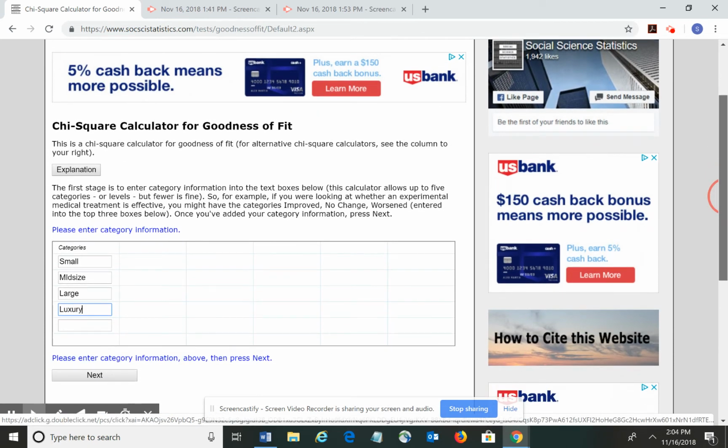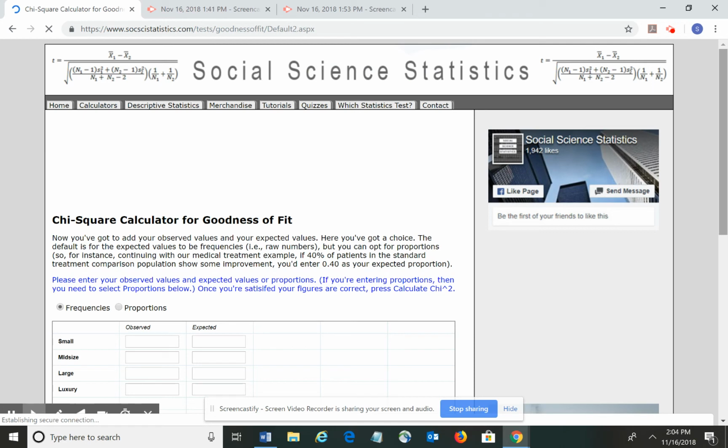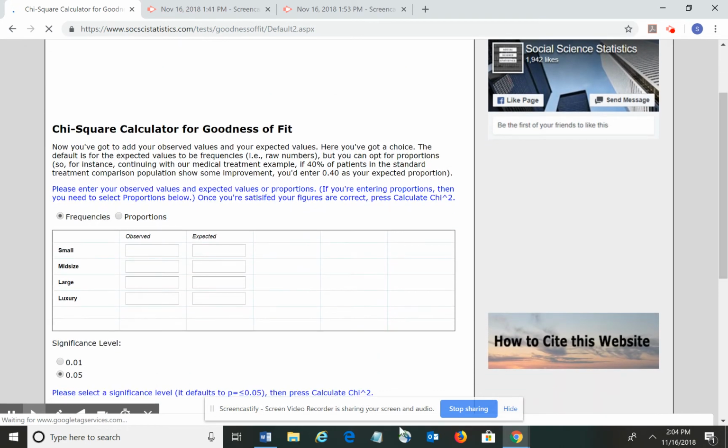Once you enter the categories, you click on Next. And then you're going to enter the observed and the expected. Now, in this case, the expected for each category will be different, as we found out.